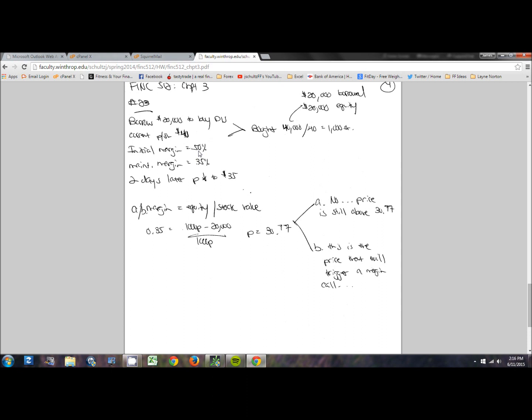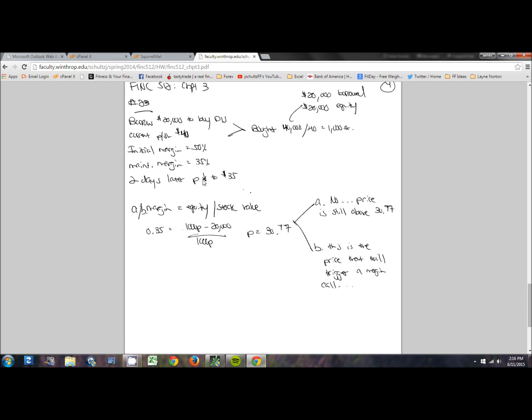Now, what happens if you open up an account with an initial margin of 50% and then the stock moves against you right away? Okay, whether you're long or short, doesn't matter, don't worry about that. Just think, hey, you want the price to go up and it goes down, or you want the price to go down and it goes up. So what happens? Well, once the price starts moving against you, like in this case, when we opened this position, the current price was $40 a share.